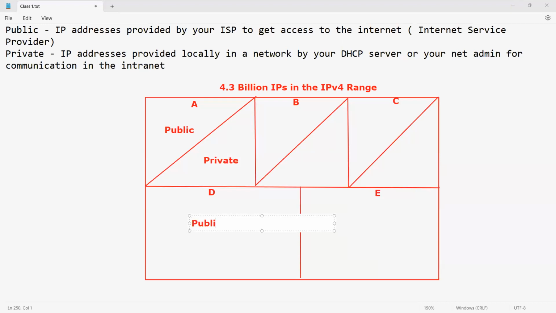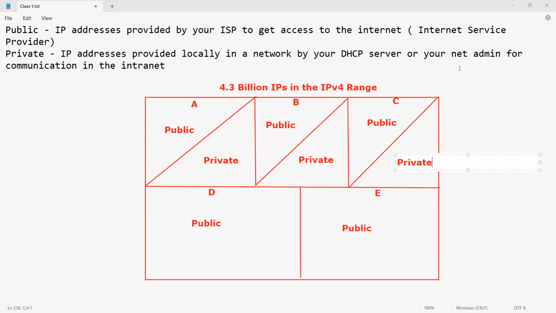All of them are public IPs. In class A, B, and C, you have both public and private. So this is how the whole 4.3 billion IPs are categorized in these 5 boxes with subcategories.